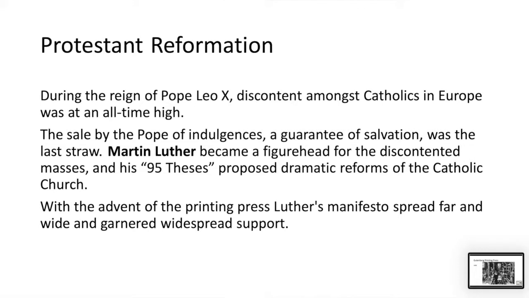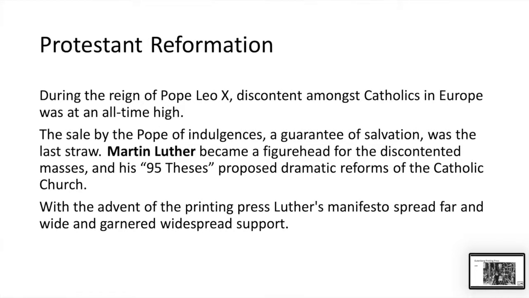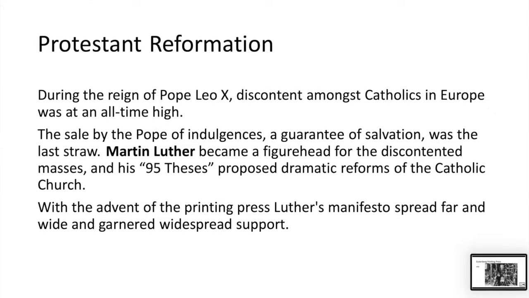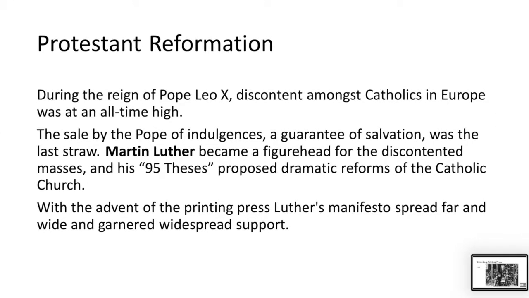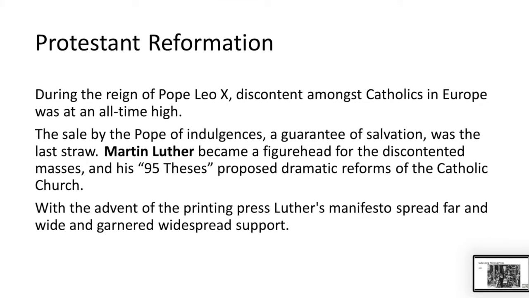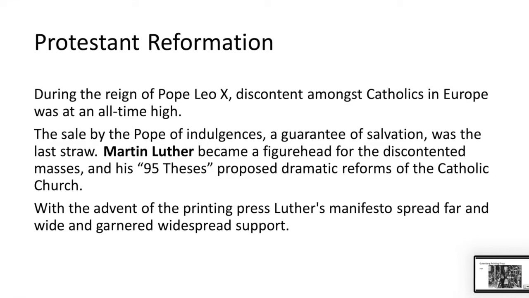Another important backstory: during the 1500s, we see Martin Luther nail 95 theses to the door of a Catholic church. This is a symbol of Catholics being fed up with the Catholic Church.